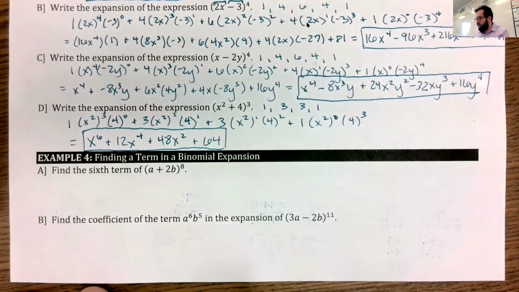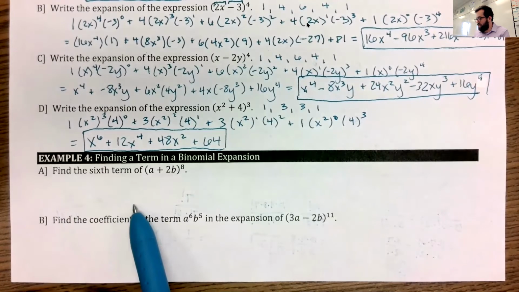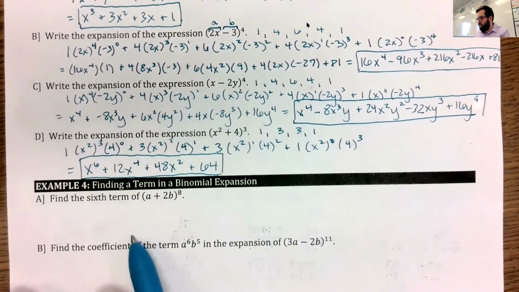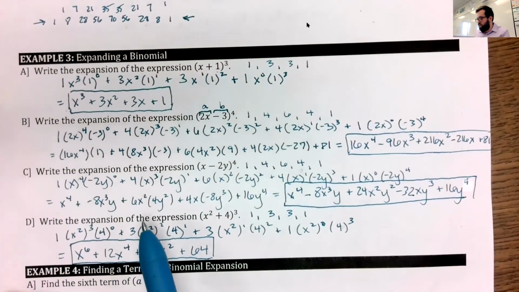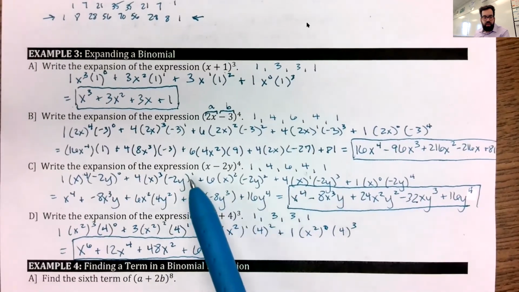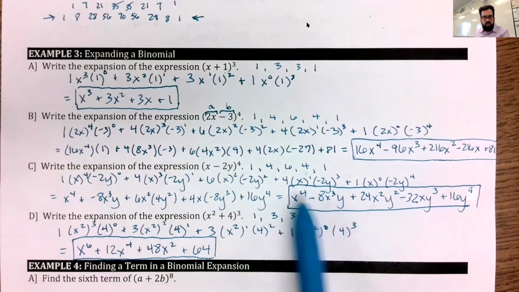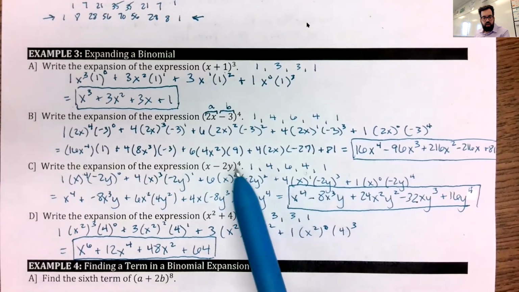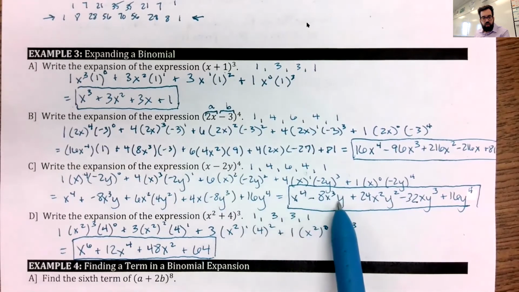So first thing we're going to have to do is figure out what is going on in the 6th term here. So let's think through this. In the second term, the first part of the original binomial has already decreased by 1, and the second part has increased by 1.